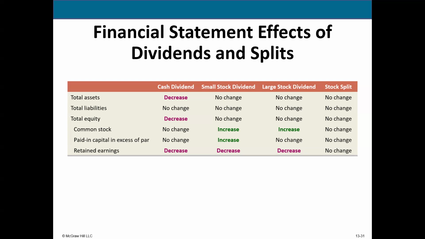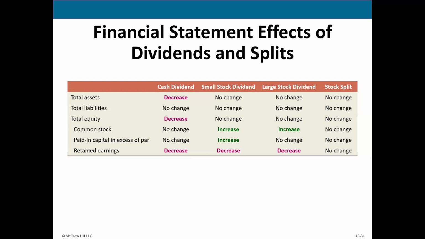For the small stock dividend, not a whole lot of changes, except obviously in the stock itself. So there's an increase to common shares of stock. There is an increase to paid in excess of par, and then there's a slight decrease in retained earnings to match, and so therefore there's a net zero change for small and large stock dividends.